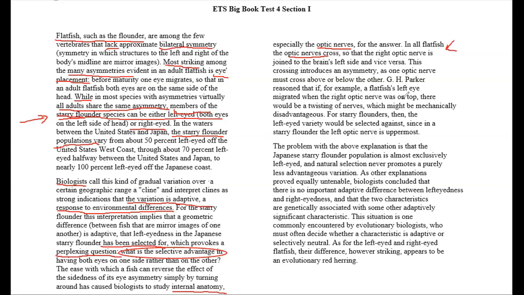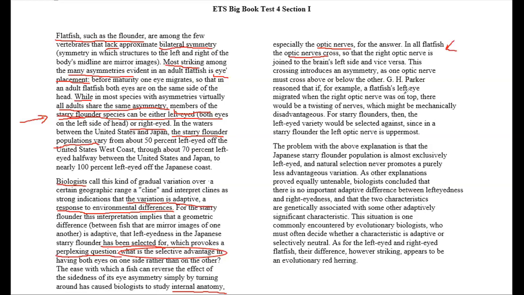This is what would happen logically. But then the biologists are telling us that in all flatfishes, the optic nerves cross. So the right nerve goes to the brain's left side, and the left nerve goes to the brain's right side. So this crossing introduces an asymmetry.